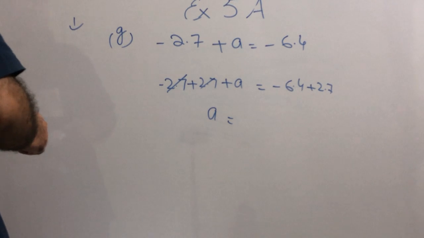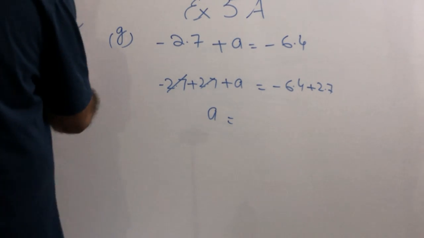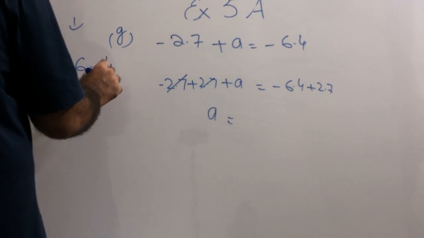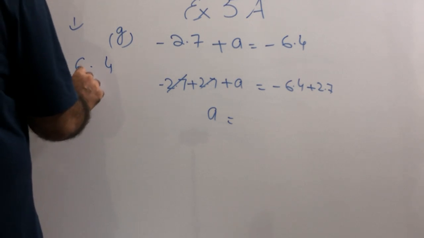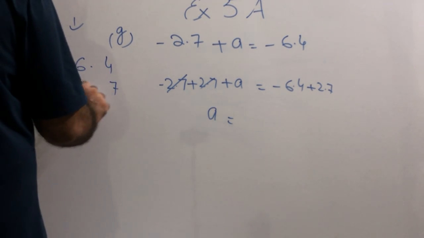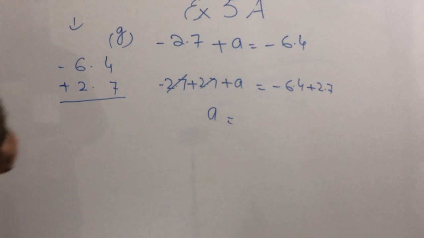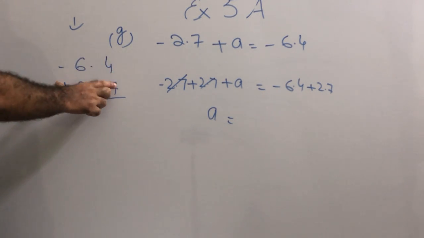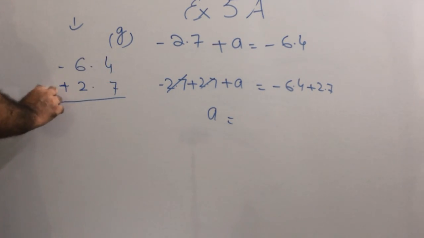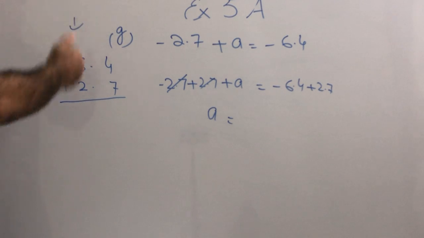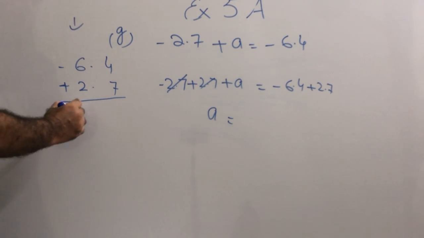On the right side we have 6.4 minus 6.4 and plus 2.7. Here this is your loan, this is the amount in your pocket. From your pocket you will pay the loan, your loan will come down, so still you have to pay the loan.